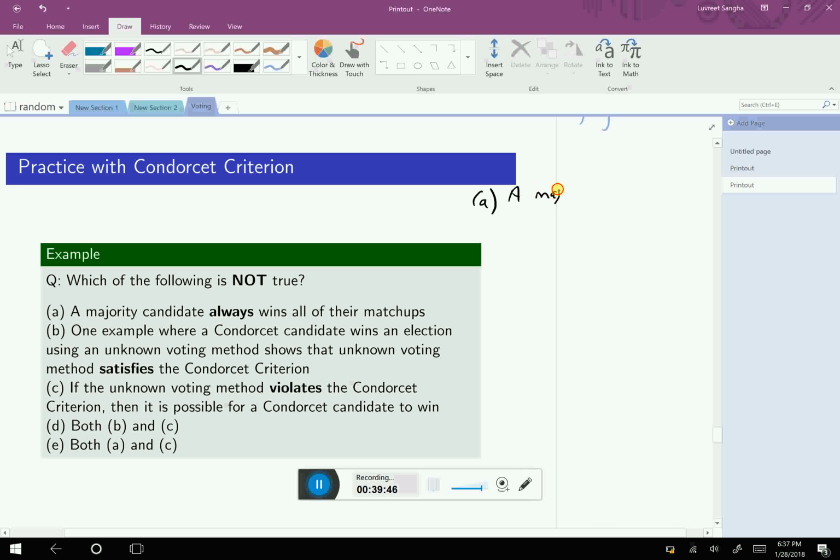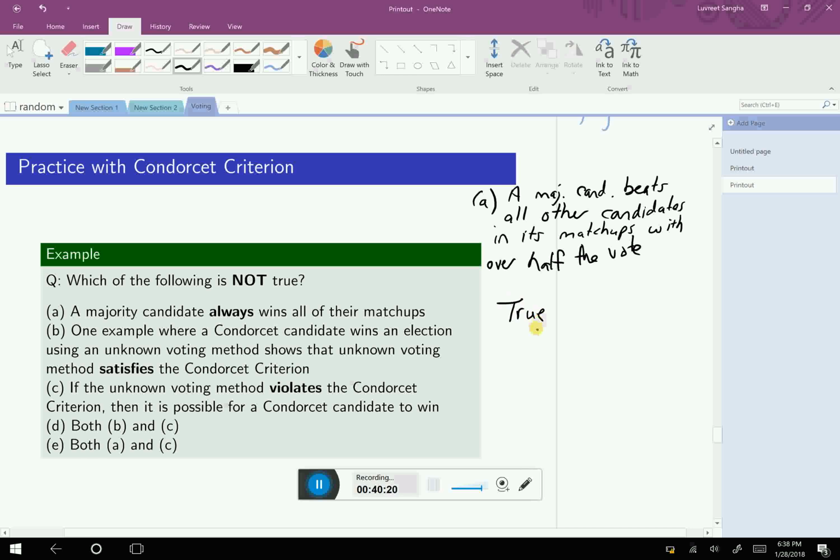A majority candidate beats all other candidates in its matchups with over half the vote. So that means the majority candidate wins all of its matchups. So this is true. So A is true.